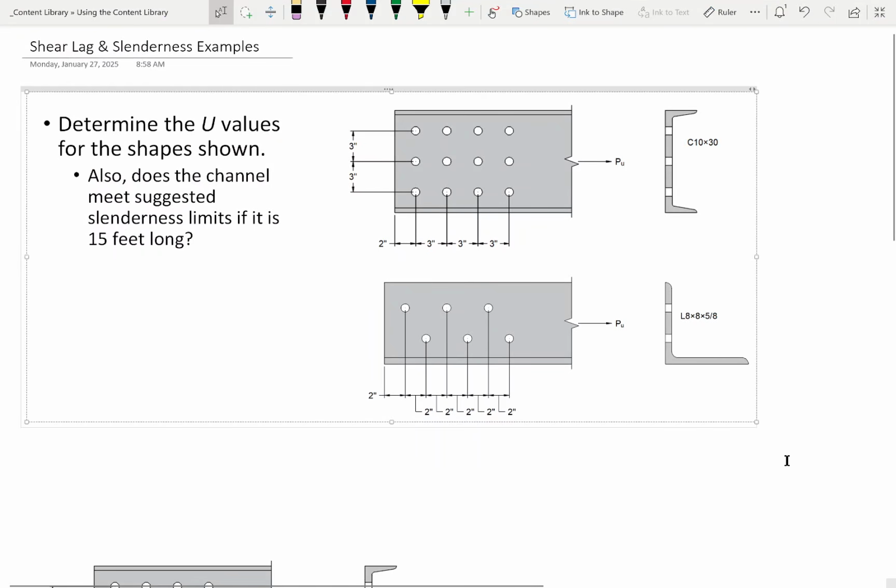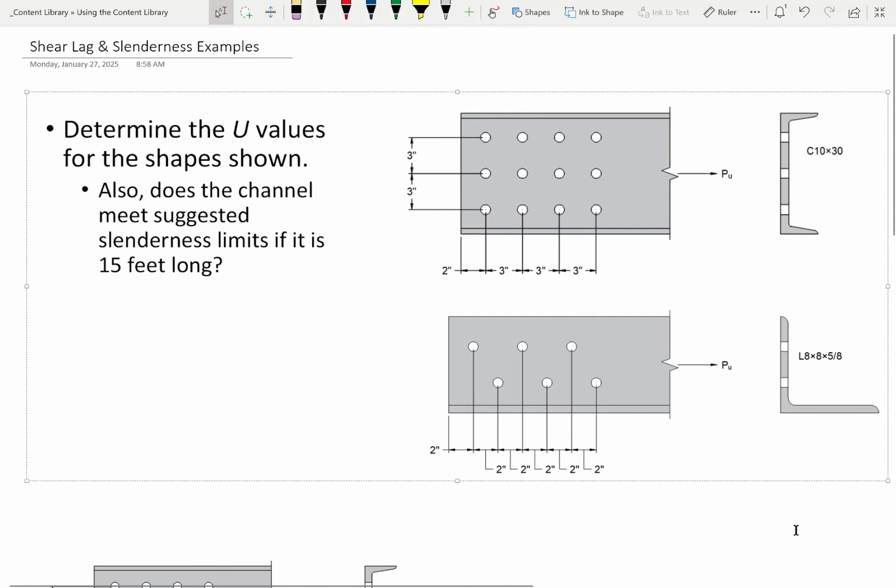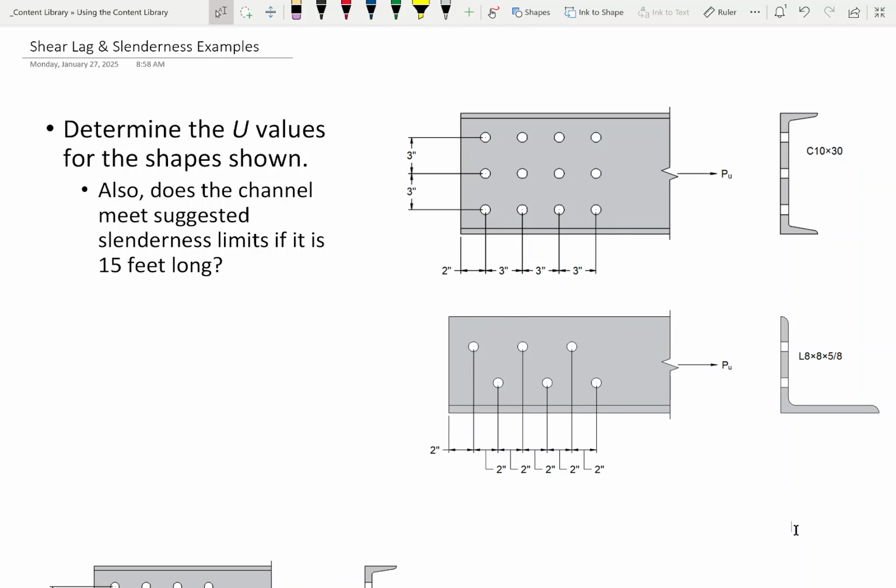So, these are going to be the two problems that we look at together. I have two sections, okay? I have a channel and an angle. The channel is a C10x30, and I'm going to determine what is its shear lag factor.